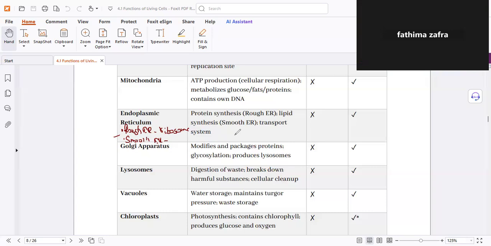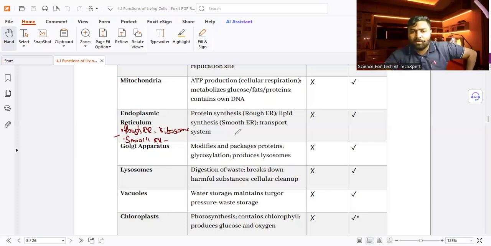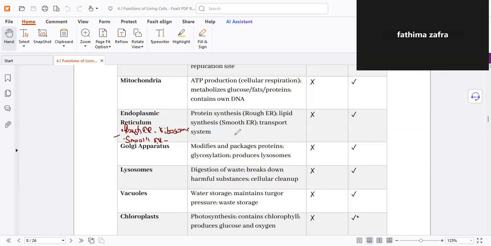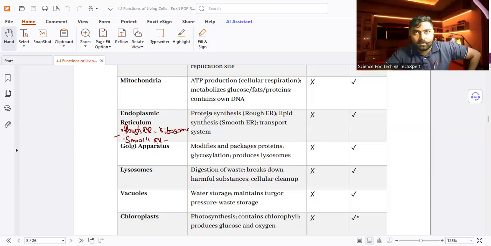So, does smooth ER transport water and other minerals? No, it cannot transport water, as far as I know. Okay, sir. In your A-level biology syllabus, transporting water is not mentioned for the endoplasmic reticulum.